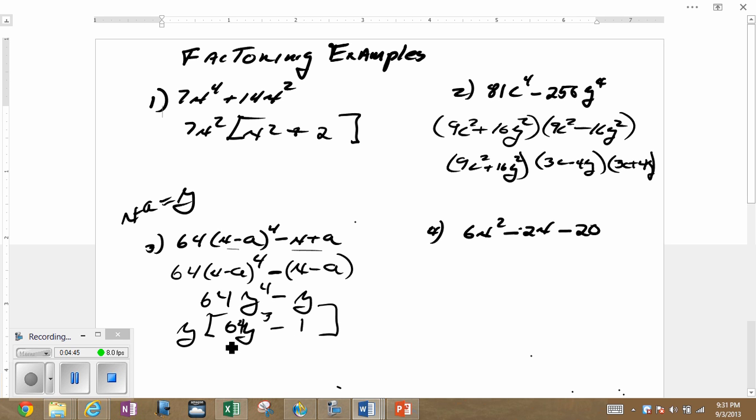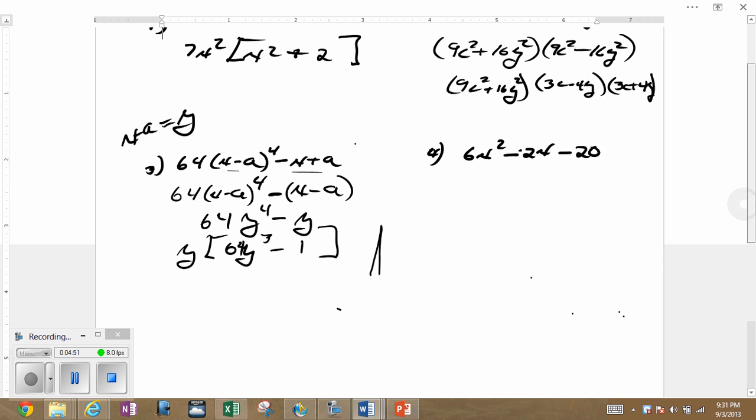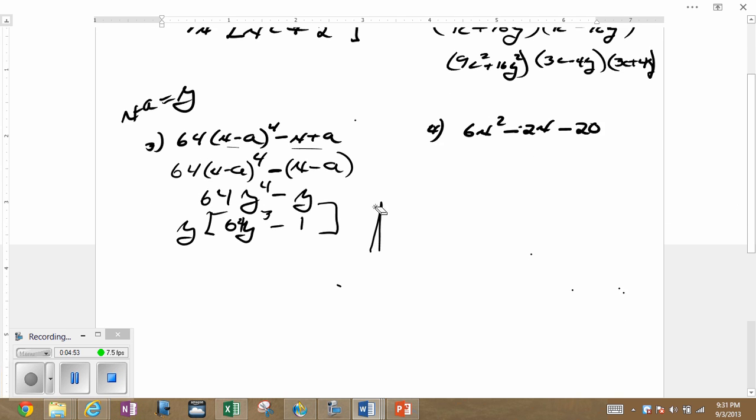Okay? So now we have to recall our factoring technique for cubes. Give myself a little bit more space. Come back and erase that. Okay, remember the factoring technique for difference of cubes.